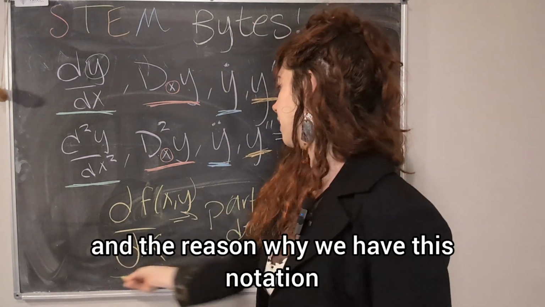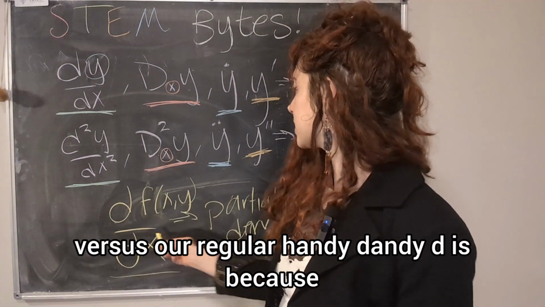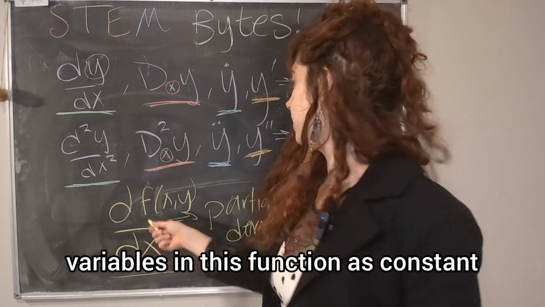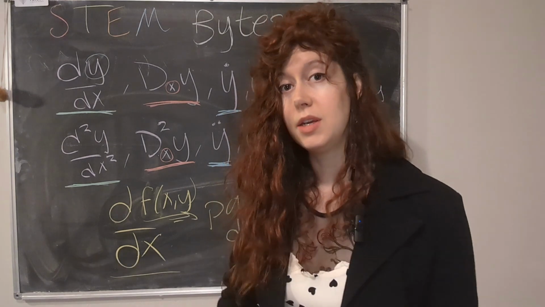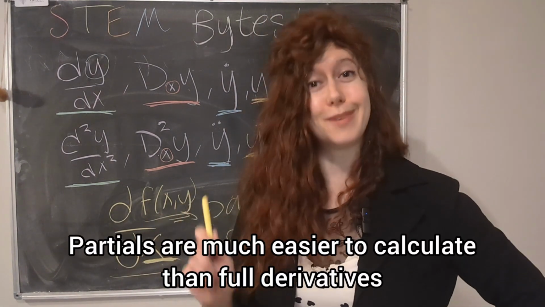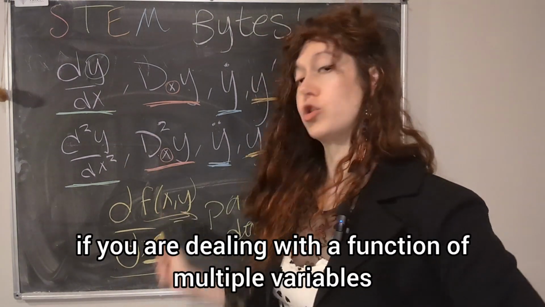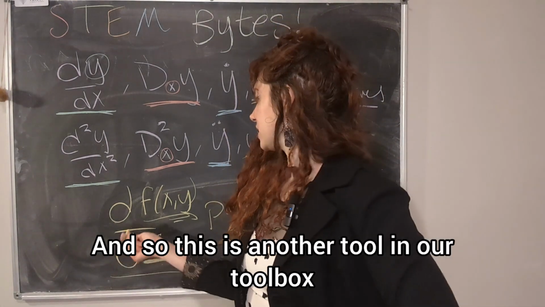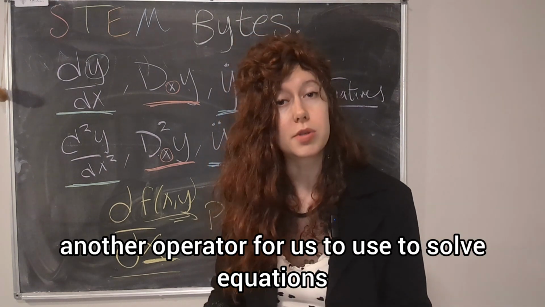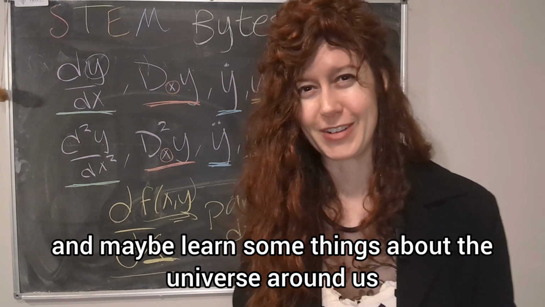And the reason why we have this notation versus our regular handy-dandy d is because we will effectively treat all of the other variables in this function as constant, and we will take the derivative with respect to this one variable. Partials are much easier to calculate than full derivatives if you are dealing with a function of multiple variables. And so this is another tool in our toolbox, another operator for us to use to solve equations and maybe learn some things about the universe around us.